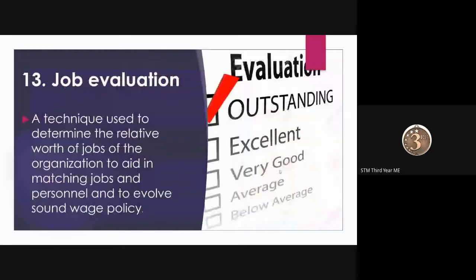Then the last one is job evaluation. Once we are done with all these processes up to production, we obviously measure the job done. That comes in the form of the performance of the worker or the quality test of the product, how fast the work is being done, and what productivity is obtained.